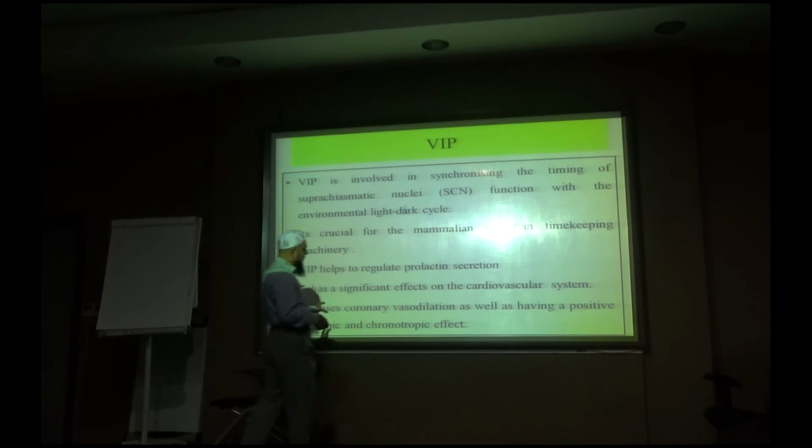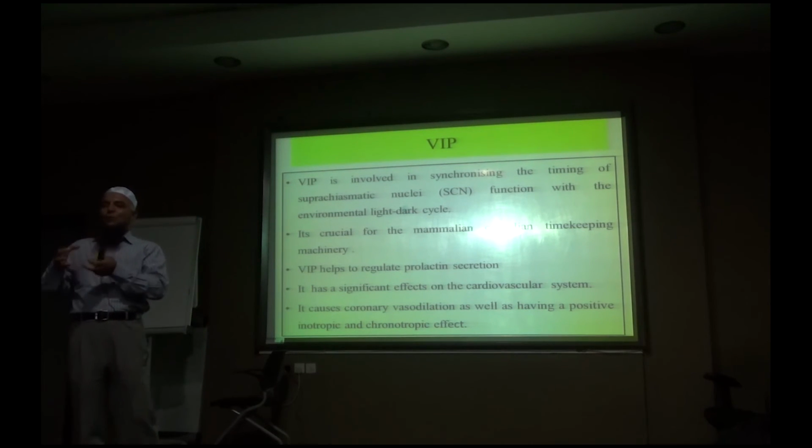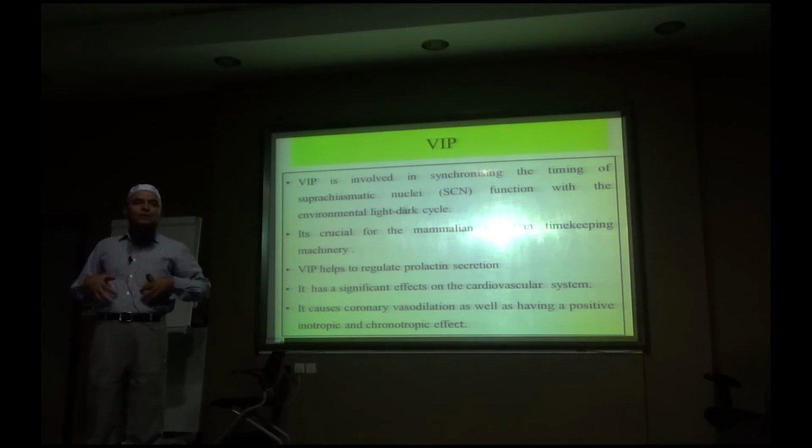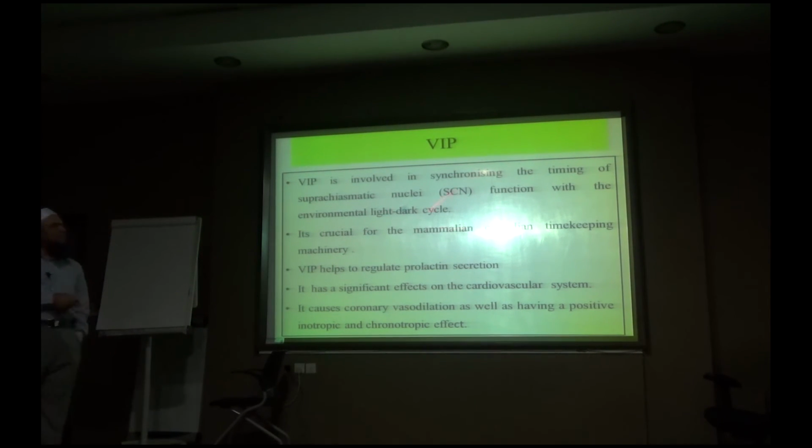Here, this will cause coronary vasodilatation, so it provides good blood to the heart. Good blood to the heart, the heart pumps more, and GI function is good. So they are very correlated. This helps in the mechanism of digestion, and on the other hand, it acts on the heart as well. Clear?